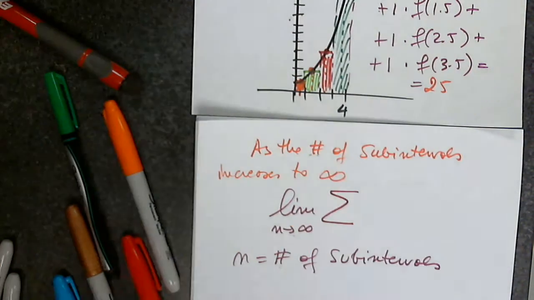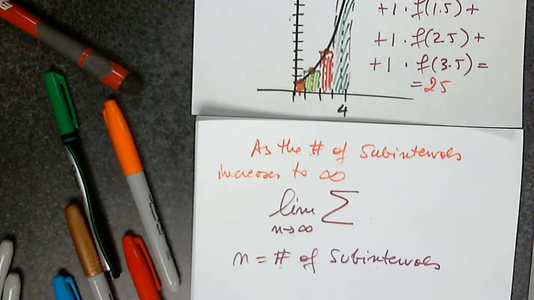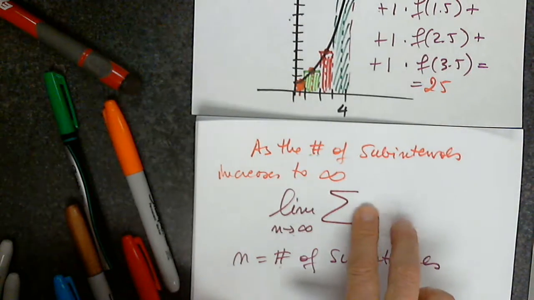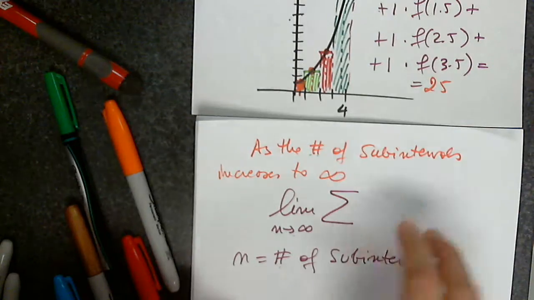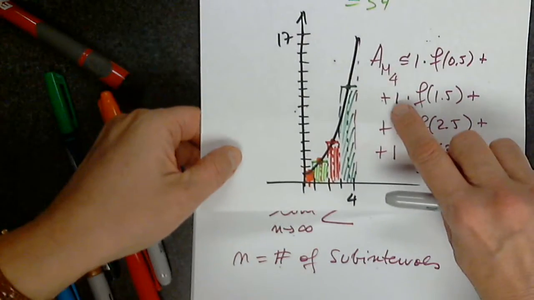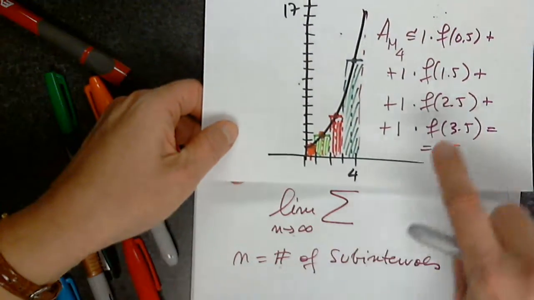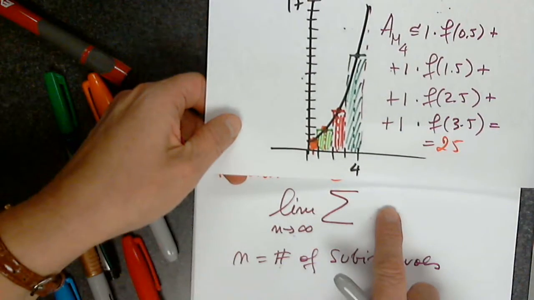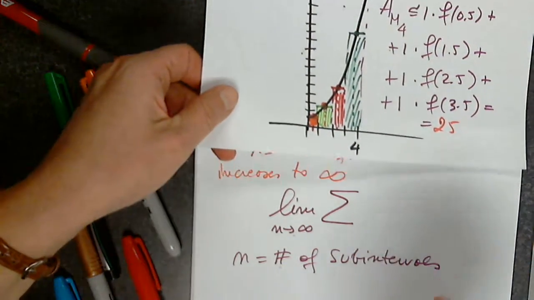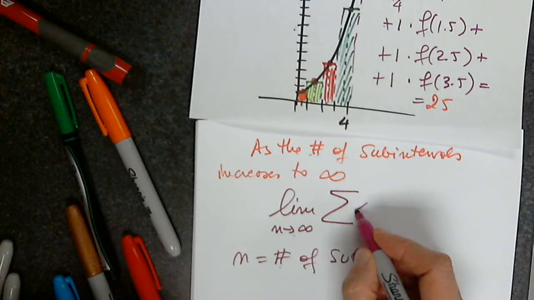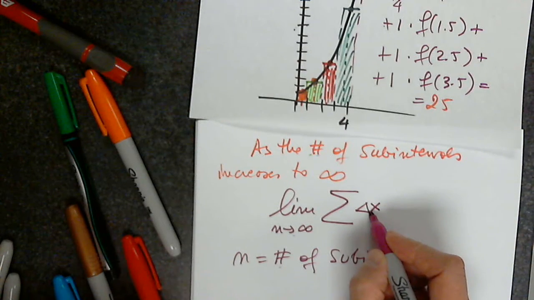Exactly. Okay, stay with me. Very good. So now, what am I adding here? So this is definitely a sum. But what is this? Because it has to be here. And what is this? Because I have to put it here. So 1 times. So this is what it's called delta x.